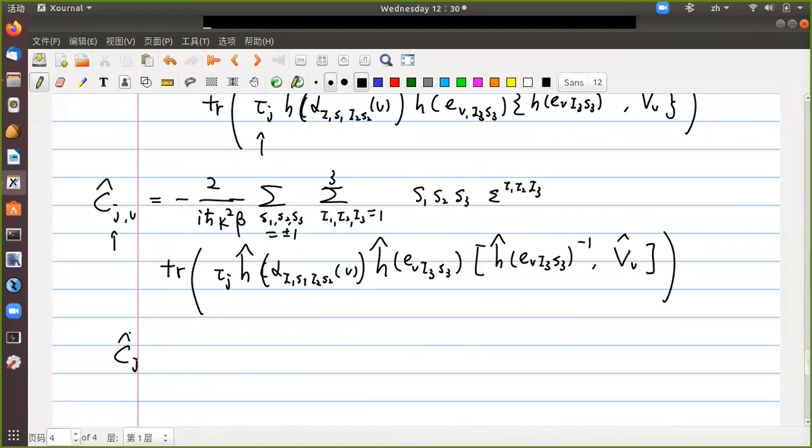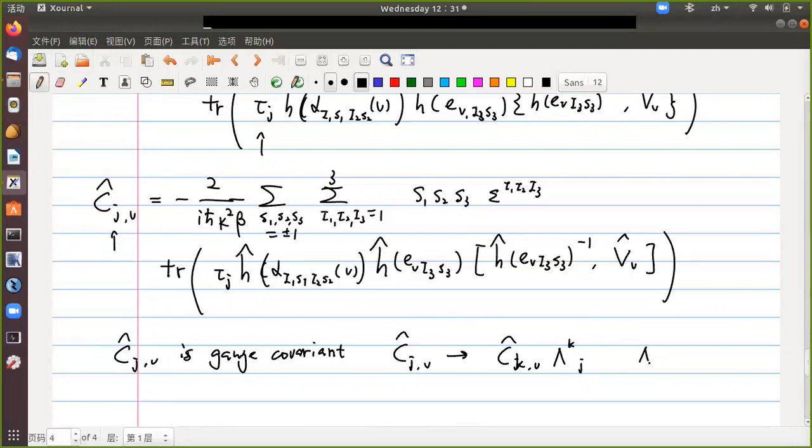D_j hat V is gauge covariant. It means that under the gauge transformation, C_j V transforms to a certain matrix lambda_jk times C_k V, probably like this.